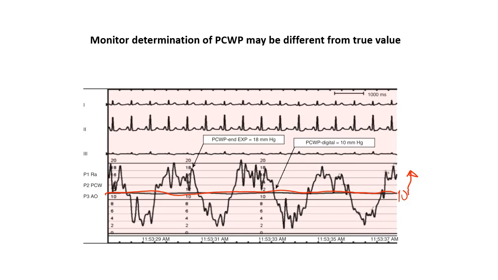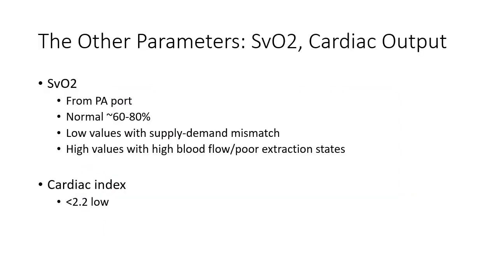So in this patient, who is spontaneously breathing, we need to move that line up to here in order to measure our wedge, which comes out to be 18 rather than 10 if we had not moved the line. That's important because you may see a pathologic wedge versus what would have been read as a normal wedge otherwise.